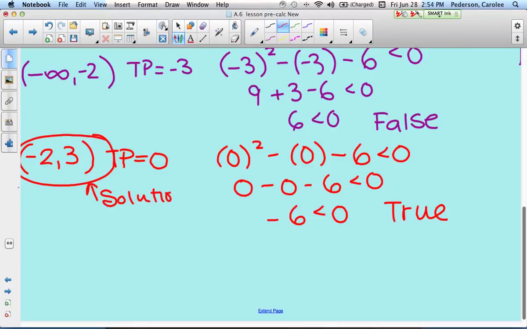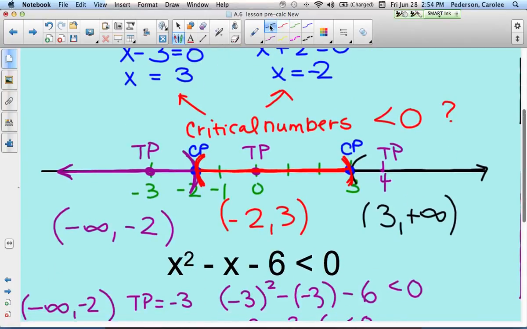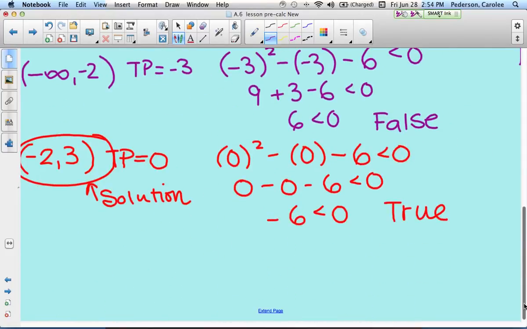All the values from negative 2, just a little to the right of negative 2, and a little before 3 are possible solutions. Now we have one interval still to check, this black one here, where it starts at the critical point 3, and it goes off to positive infinity. The test point that we chose is 4, when x equals 4. So our interval is from 3 to positive infinity.